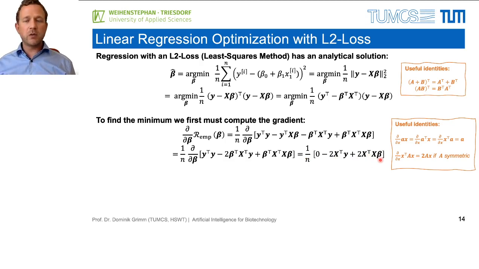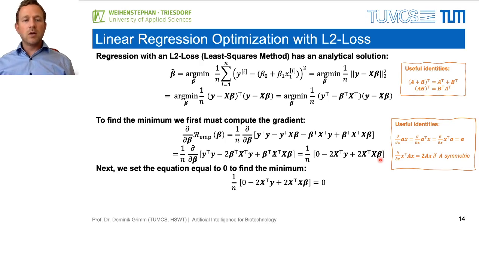So we computed now the derivative, and the last step is to find the optimal betas. We have to set it to 0, and then we solve for beta, and then we know the formula for beta when it's minimal. So this is minus 2 times x transposed times y plus 2 times x transposed times x times beta. The 1 divided by n just disappears because we have 0 here.